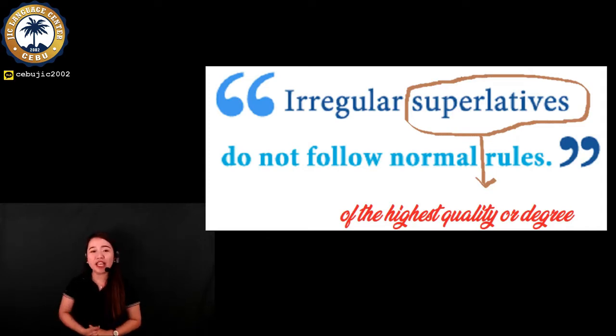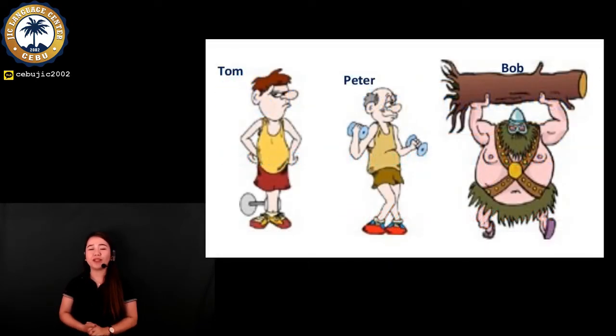Again, irregular superlatives are the highest quality or degree. So we have an example here in the picture: Tom, Peter, and Bob. Among the three, Bob is the strongest of them. Why? Because as you can see, Bob can carry the log.